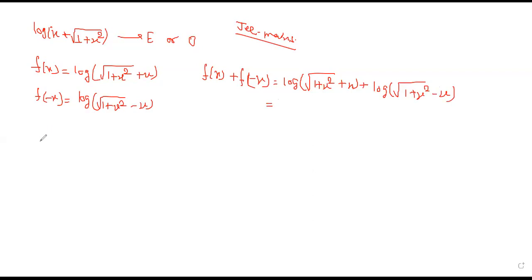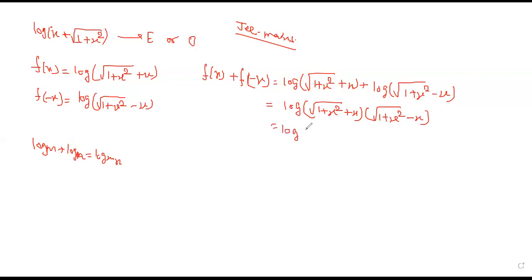Sophia, log m plus log n, you know, log mn. Okay, so it will be log of root of 1 plus x squared plus x into root of 1 plus x squared minus x.